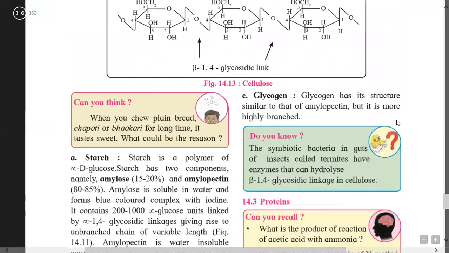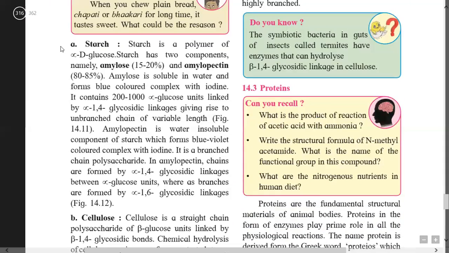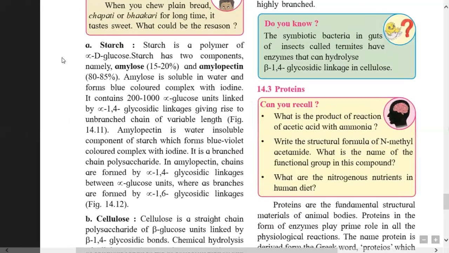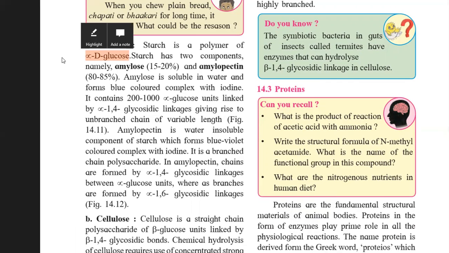The first polysaccharide is starch. Starch is a polymer of alpha D glucose. We know the structure of alpha D glucose very well: at the first carbon, the OH group is below the ring, and that is called alpha D glucose.